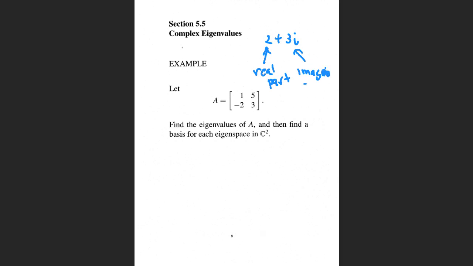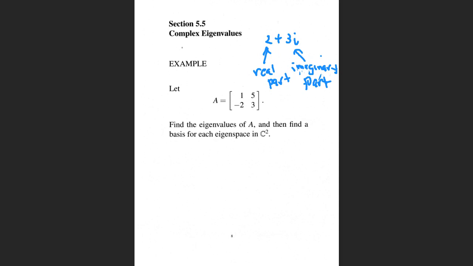Yeah, a complex number has a real part and an imaginary part. And up to now, your eigenvalues and eigenvectors have been all real.